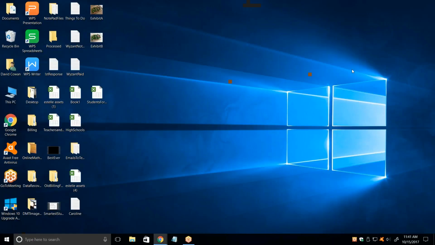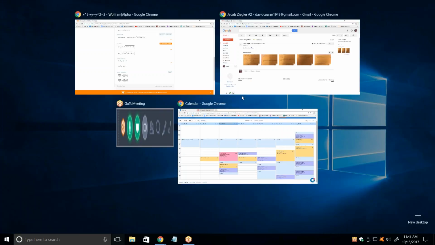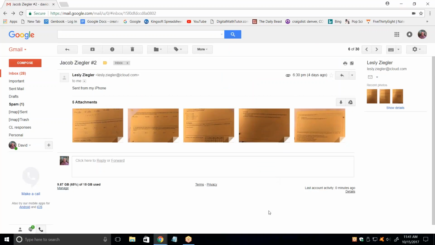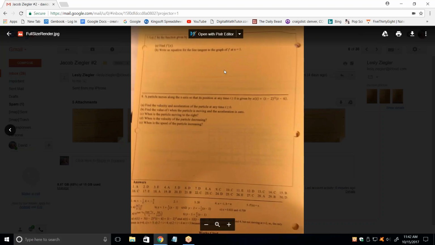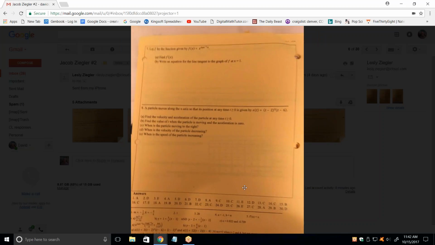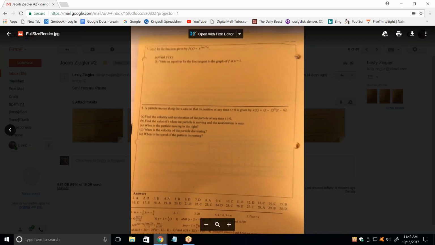So I need to close out that. That was that page, and I believe this was where it picks up. Yeah, 7, 8. It's going to be tough for me to read.